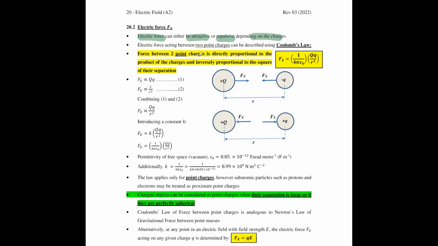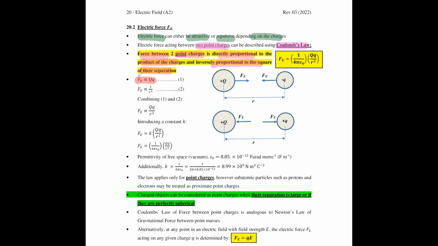The electric force between 2 point charges can be described using Coulomb's law, which states that the force between 2 point charges is directly proportional to the product of the charges and inversely proportional to the square of the separation.